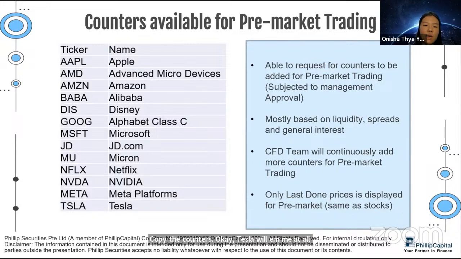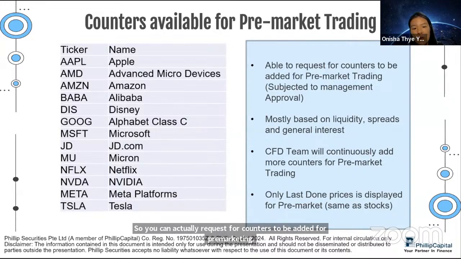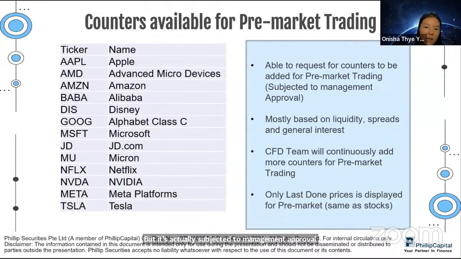You can request for counters to be added for pre-market trading, but it is subject to management approval, because it is based on liquidity, spreads, and general interest in who wants to trade that counter during pre-market. The CFD team will also continuously add more counters.